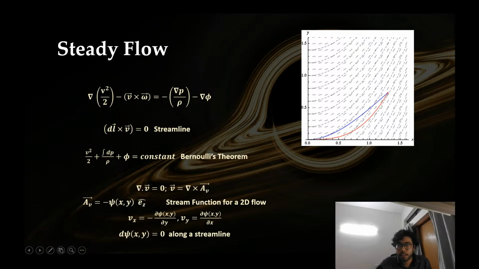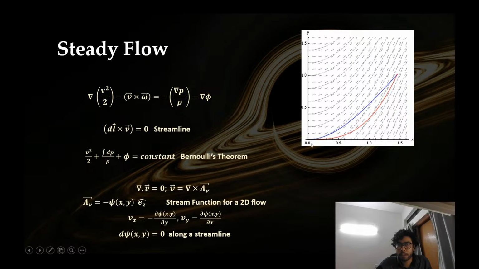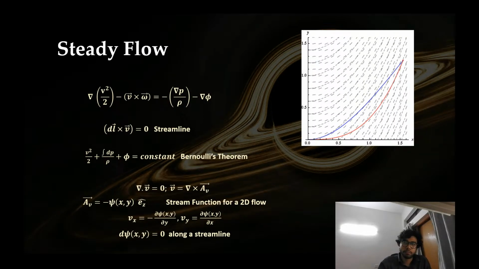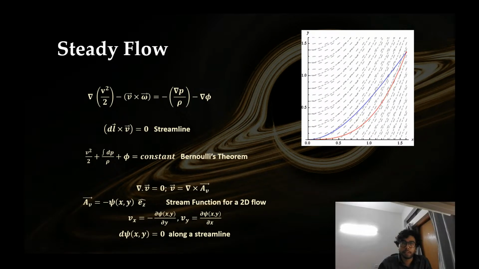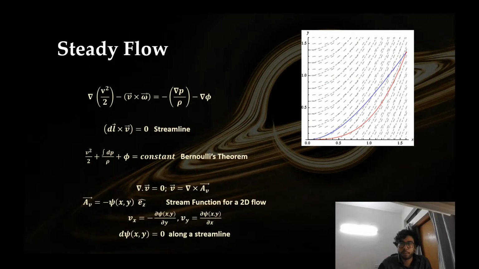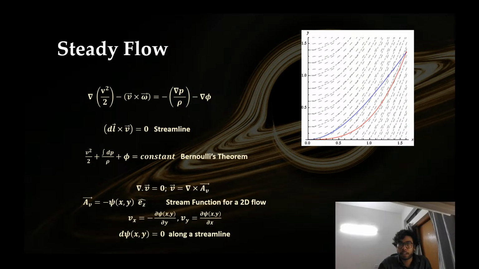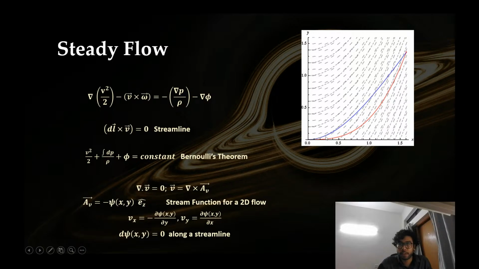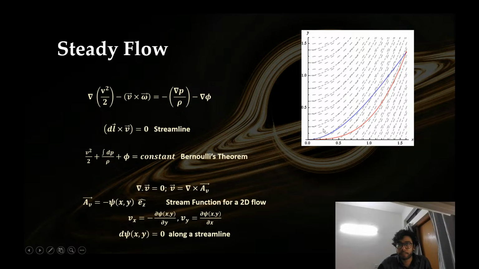Now this blue line is something called the streak line. What it means is that it will follow the particle, but it will not be just the particle path. For example, if you put a dye, some small particle, inside the fluid, then whatever path that dye moves through the velocity field will be traced out by this blue line, which is called the streak line.